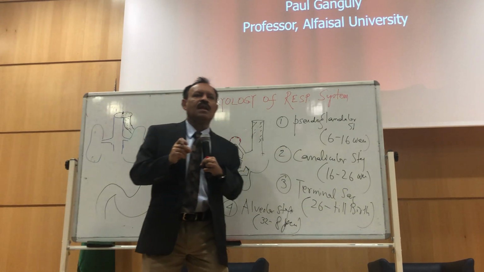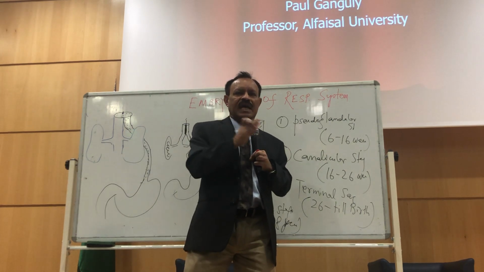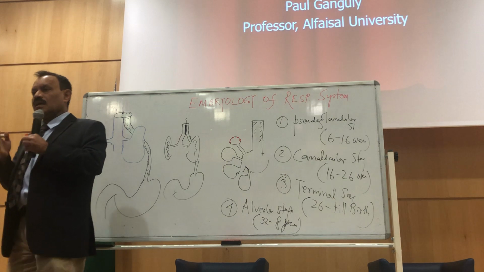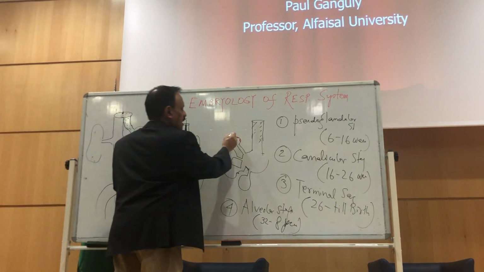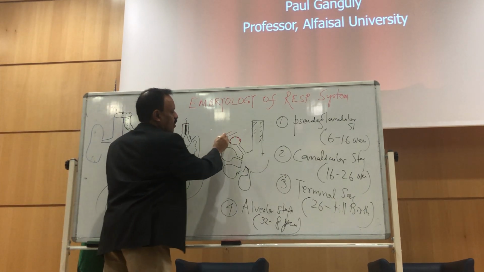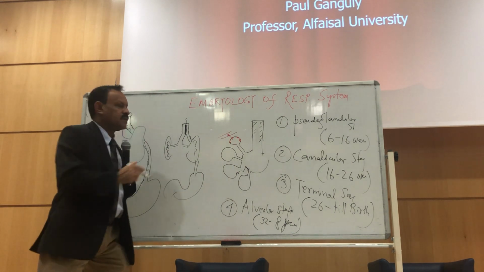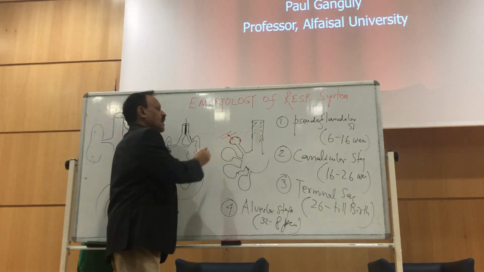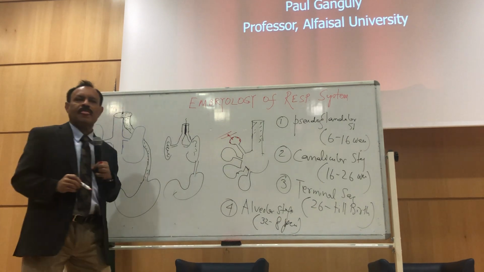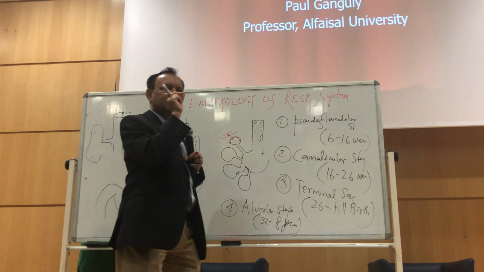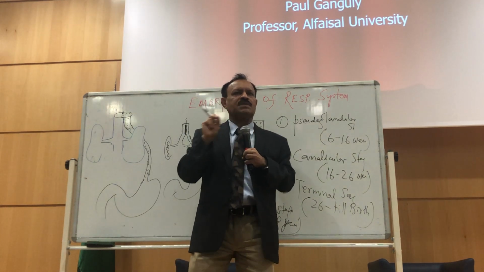Why simple? Because it's easy for gas exchange. We don't need a columnar cell like in the GI tract, because the oxygen is right over here and here is the blood vessel. So carbon dioxide will come this side and oxygen will go the other side. You need the thickness to be as minimal as possible, the simple squamous epithelium.